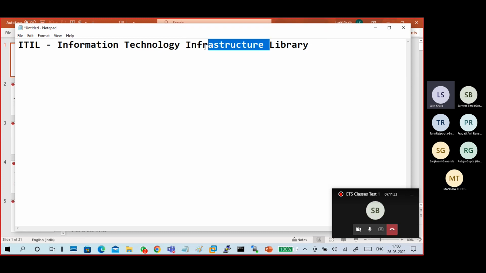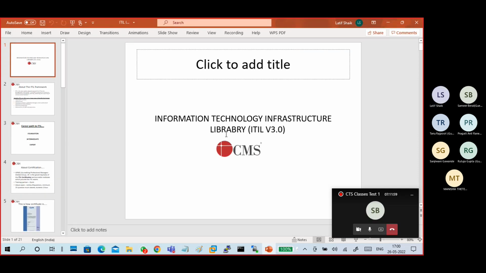So you put all the infrastructure information into your library called ITIL. The direct meaning is that one. You put all infrastructure related information into a library, into one document, table, or database, and that is ITIL. Very simple, direct point, but the original definition is there, so we'll go to that definition.